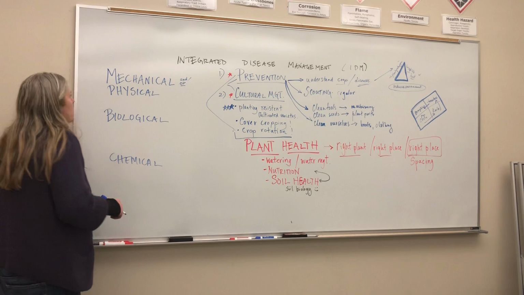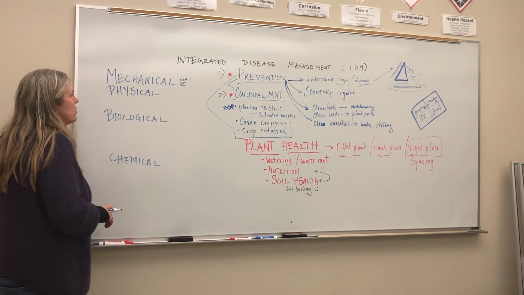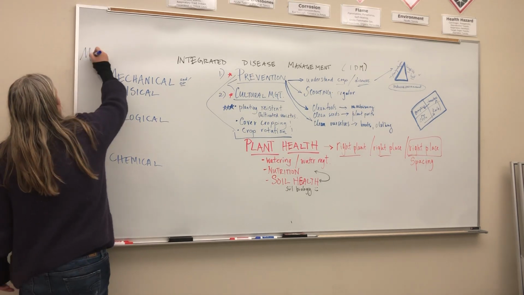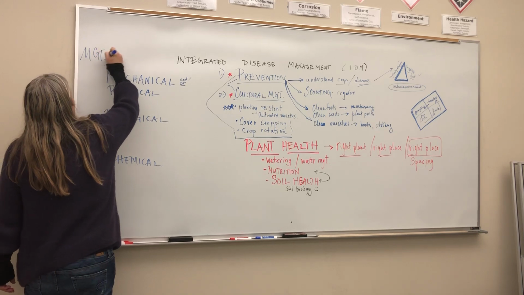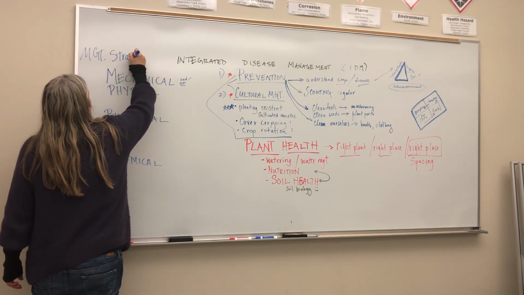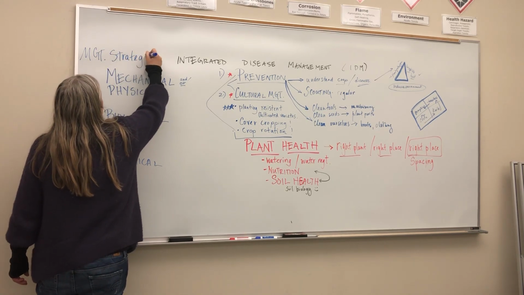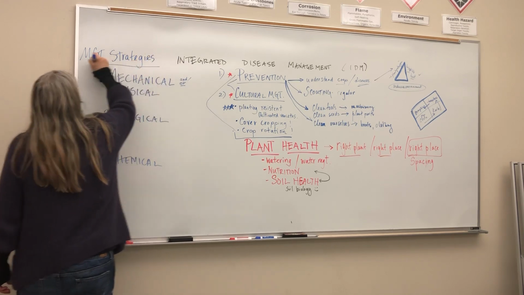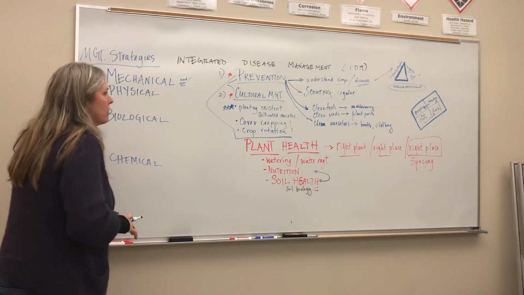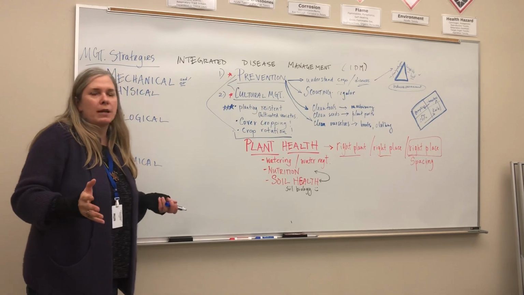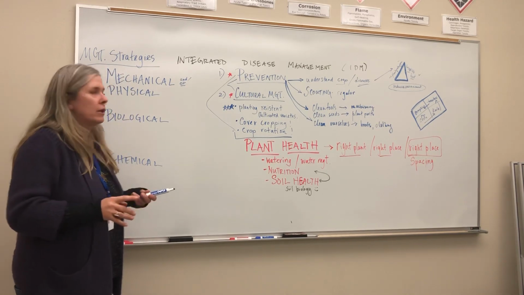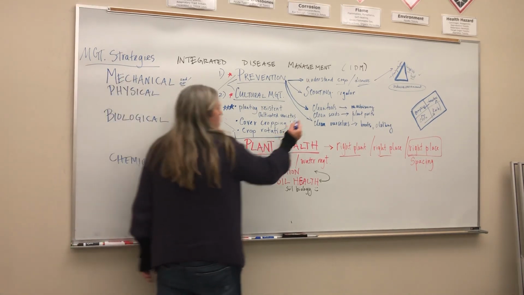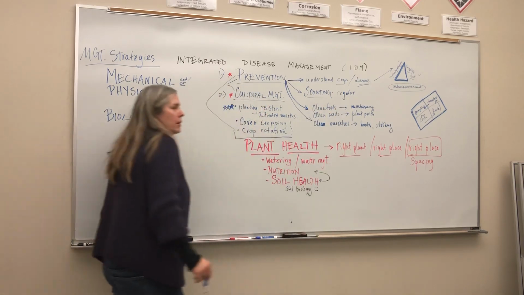All right, so what are some mechanical or physical, and I'm going to call these management strategies. I'm getting away from that word. Control. So when will we do the mechanical or physical? Well, I do that automatically. I actually consider that the very basic mechanical happens when you're scouting.